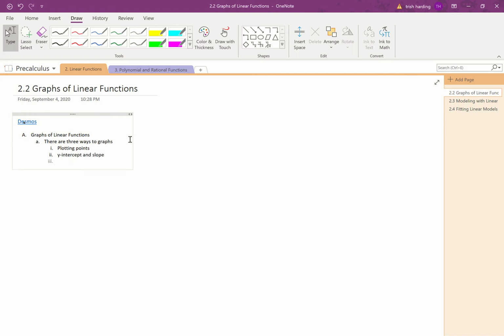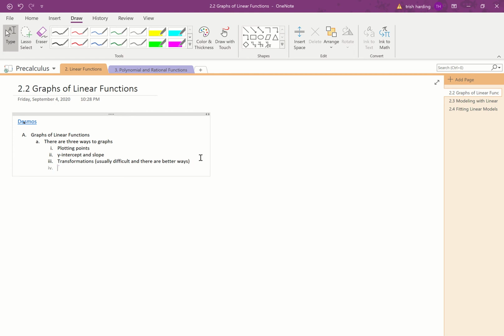The third way is using transformations. Now this one is usually a little difficult, and in terms of linear functions, there are better ways to do it. But it is covered. I do have to cover it.